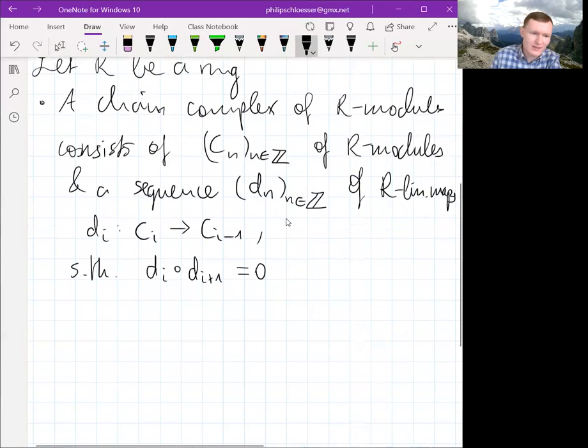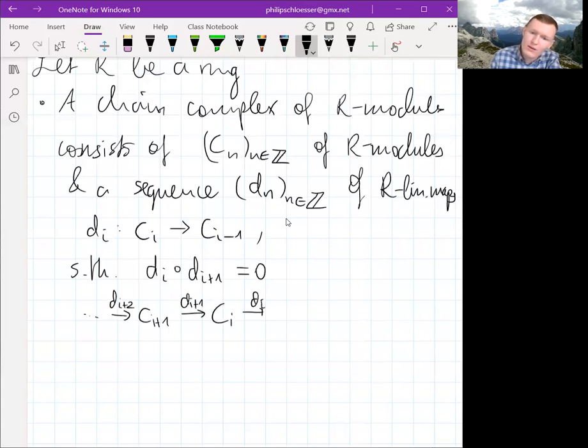We can write this as such a diagram: C_{i-1}, d_{i-1}, dot dot dot.